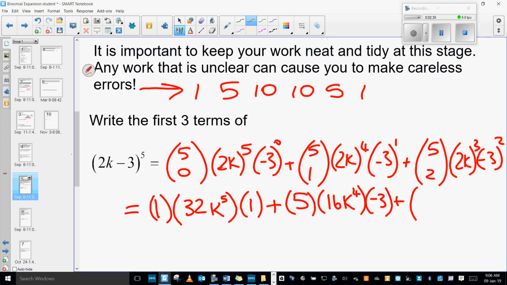And then 2k all cubed would be 8k cubed. And what's -3 squared? 9. That's very obvious.